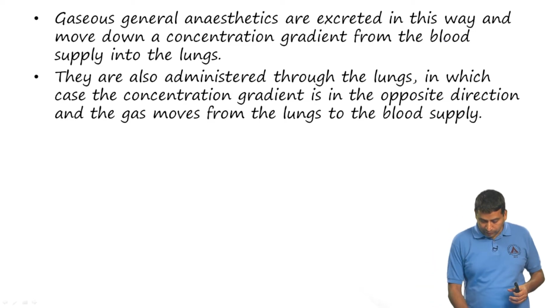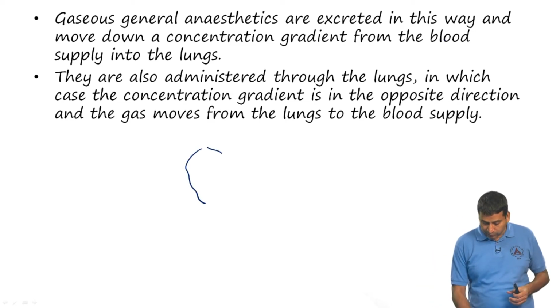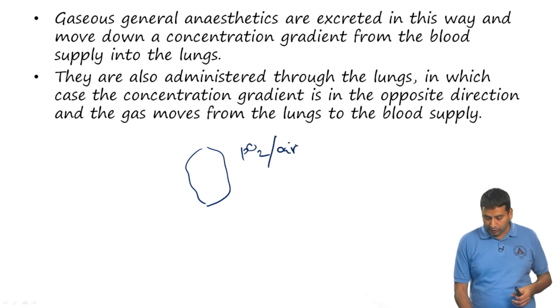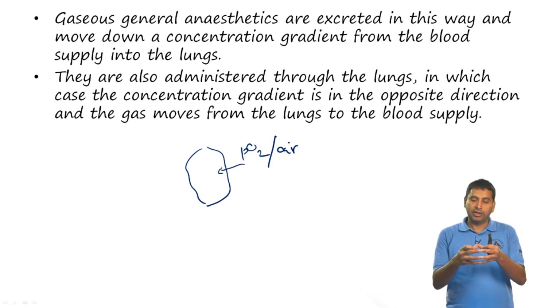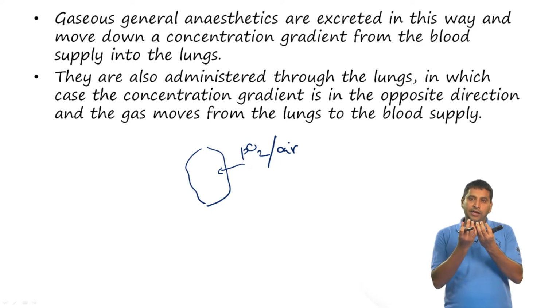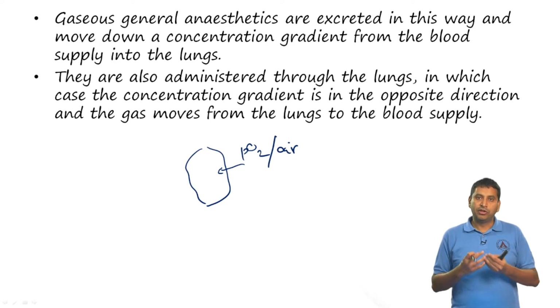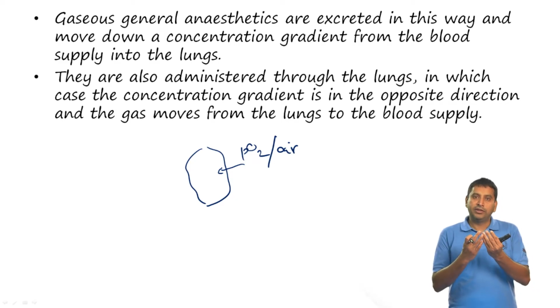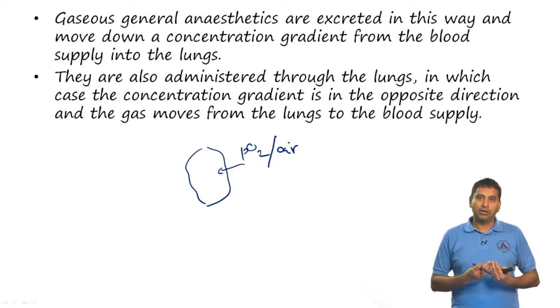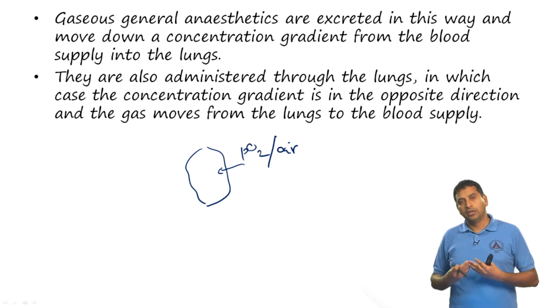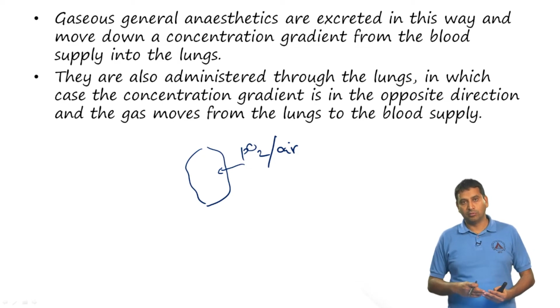Typically in the lungs, there is a partial pressure of oxygen or of air, and the oxygen moves from a higher partial pressure to a lower partial pressure. So, when you have deoxygenated blood, from the air the oxygen is getting into the blood, right. Now imagine a similar situation wherein the general anesthetic is coming into the lung, it is going to get into the blood supply because the partial pressure of the anesthetic is lower in the blood.